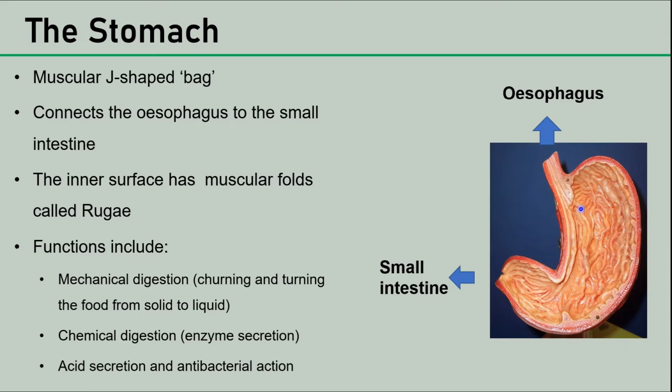And the liquid that is within the stomach is very acidic. So this is hydrochloric acid in the stomach. And it's secreted by the cells that line these rugae. So these rugae are muscular ridges within the stomach, and we have a series of secreting cells within these rugae.